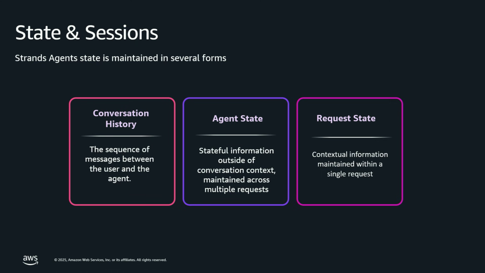Then when I ask, what is my name? The agent is going to remember my name because it has the conversation history. Each interaction with the agent is the context that the agent has for the conversation it has with me. And let me show you this in the code.